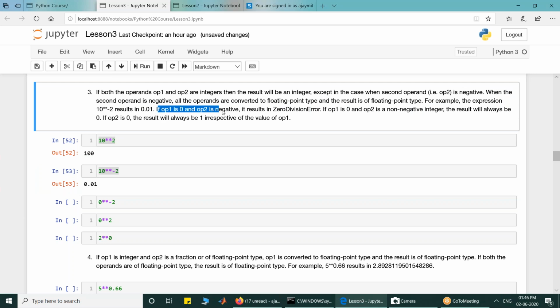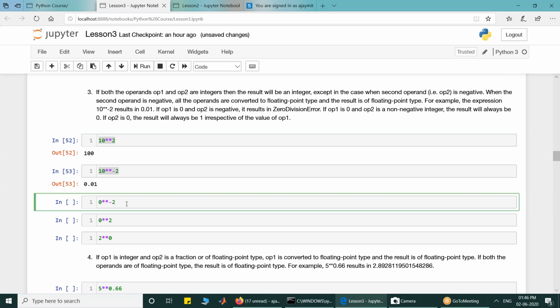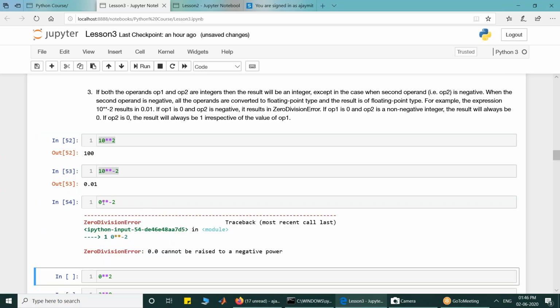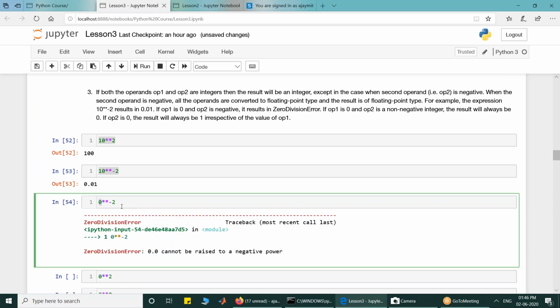If operand 1 is 0 and operand 2 is negative, it will result in an error. So if I write it like this, and if I do that, because this is equivalent to 1 upon 0 raised to power 2. 0 raised to power 2 is 0. 1 upon 0 results in exception, and that exception is known as zero division error.